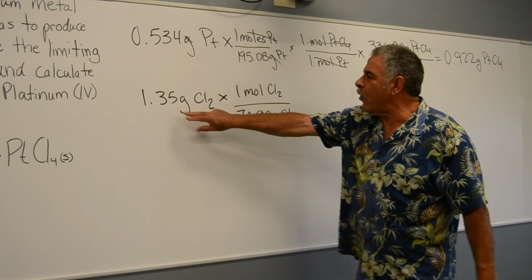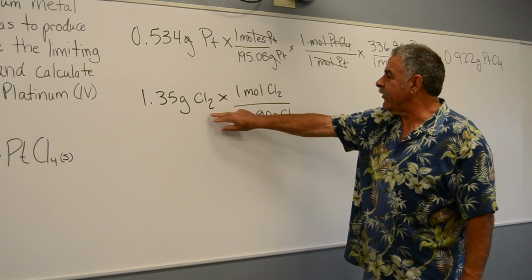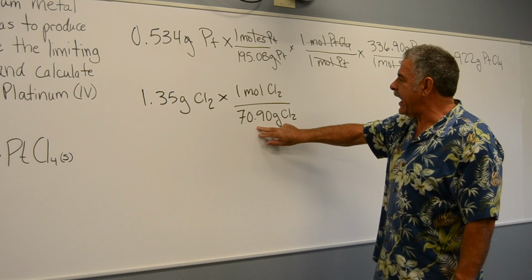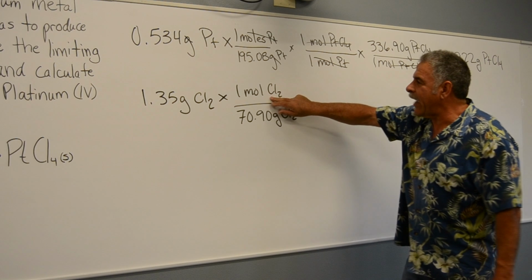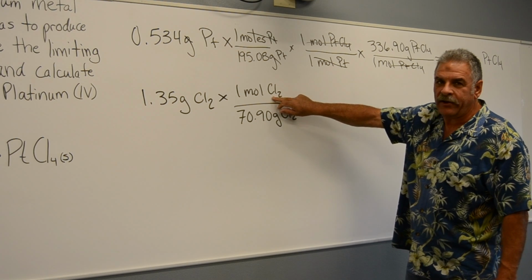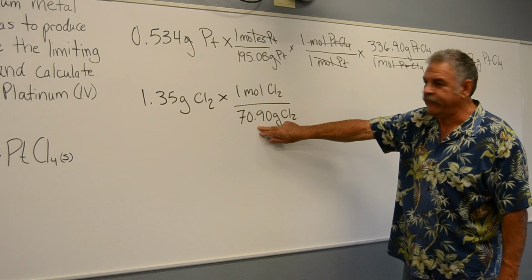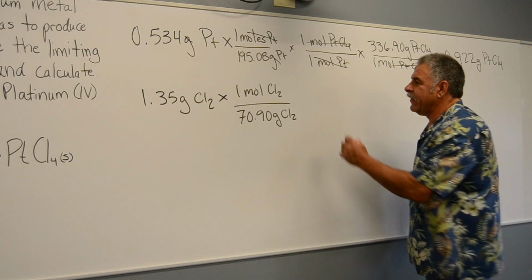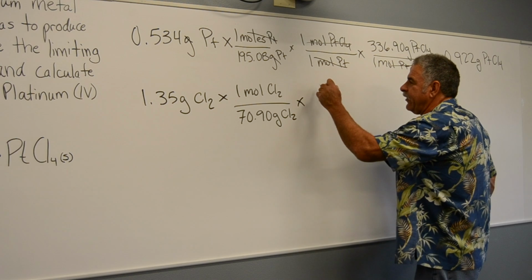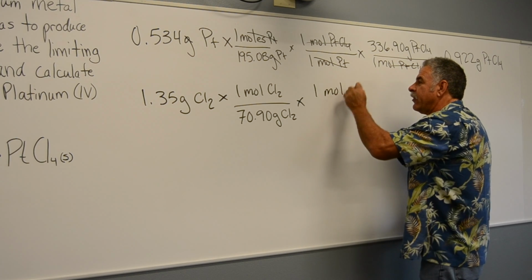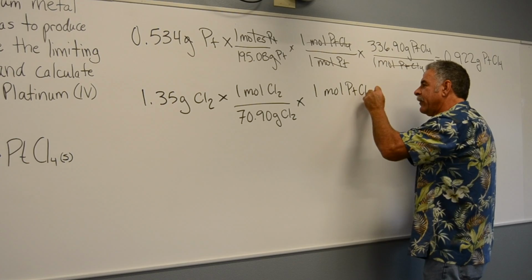We'll start with 1.35 grams of chlorine gas. We'll change that to moles of chlorine gas, which is 2 atoms of chlorine for every molecule of chlorine. So we have to take that into account for the molar mass of chlorine gas. And then we're going to change that relationship to moles of platinum 4 chloride.